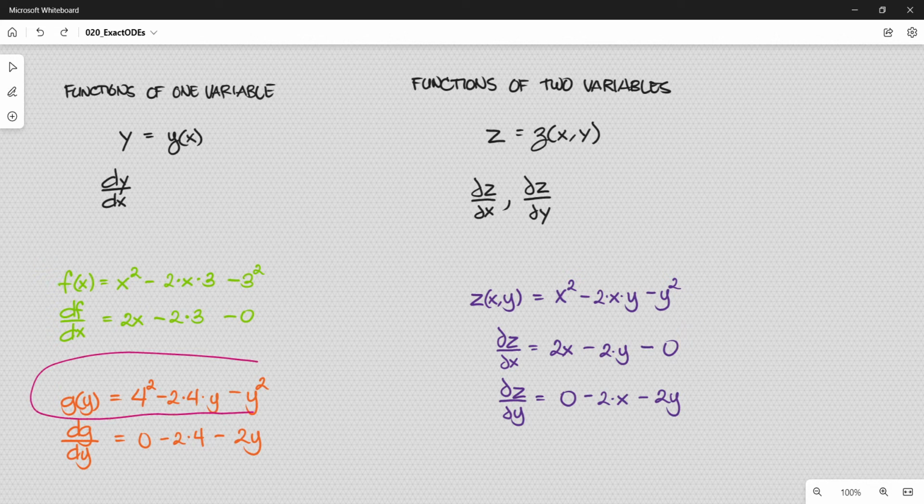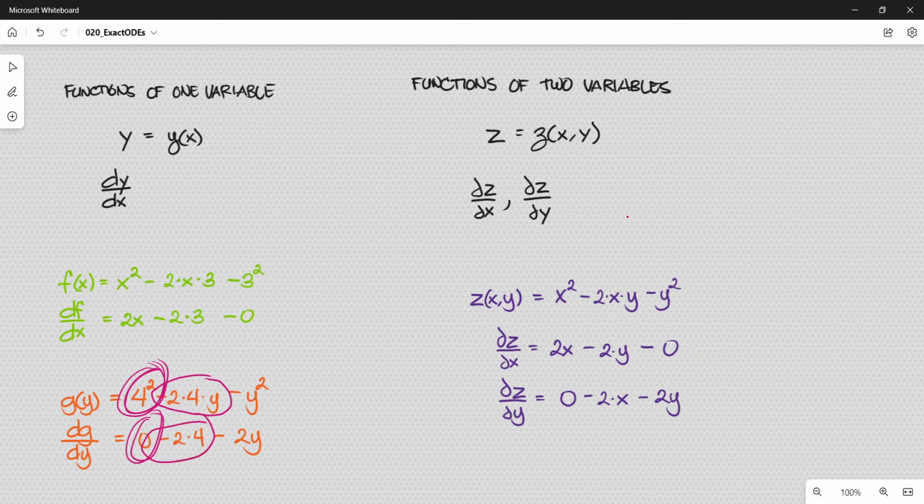Isa pang example ng derivative ng isang function of one variable. So, kunin natin yung derivative nito with respect to y. Ang derivative nito is 0 since ang derivative ng constants ay 0. Ang derivative ng negative 2 multiplied to 4 multiplied to y is negative 2 multiplied to 4.